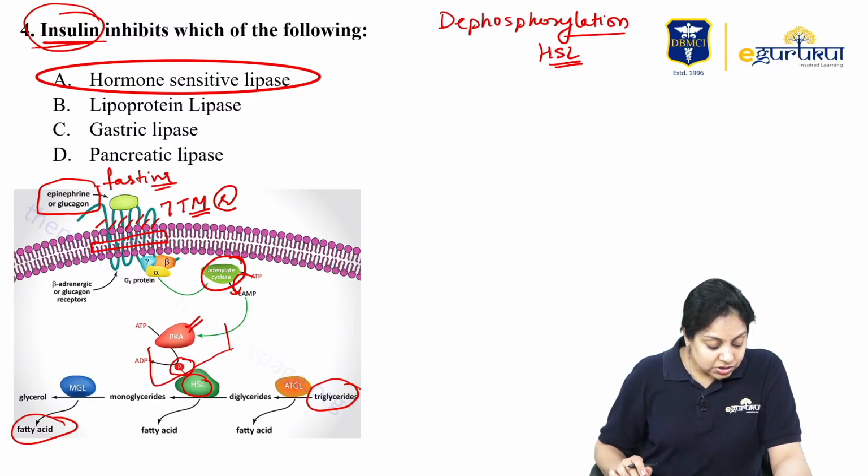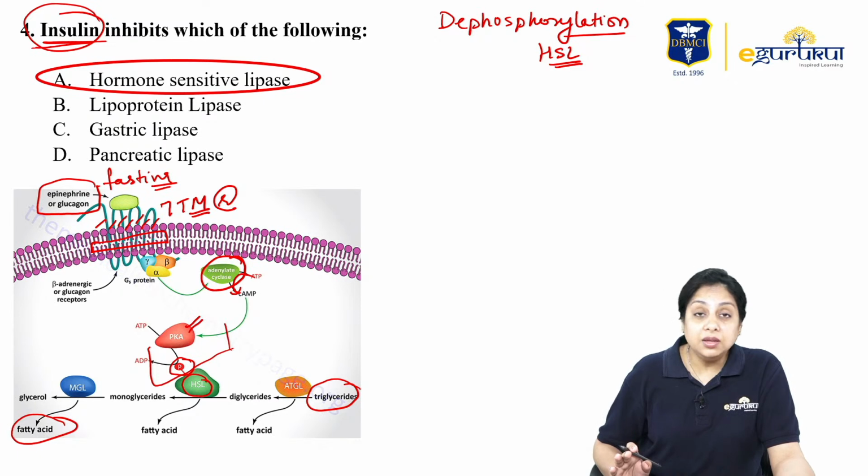We cannot say it is an antagonist to insulin, but just remember that insulin is going to activate the phosphatase enzyme, which is going to remove the phosphate from hormone sensitive lipase. So it is getting dephosphorylated, right?